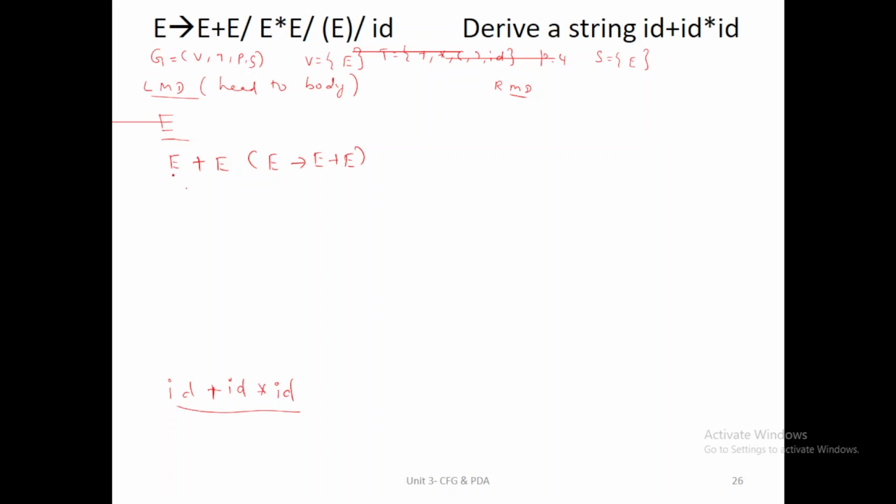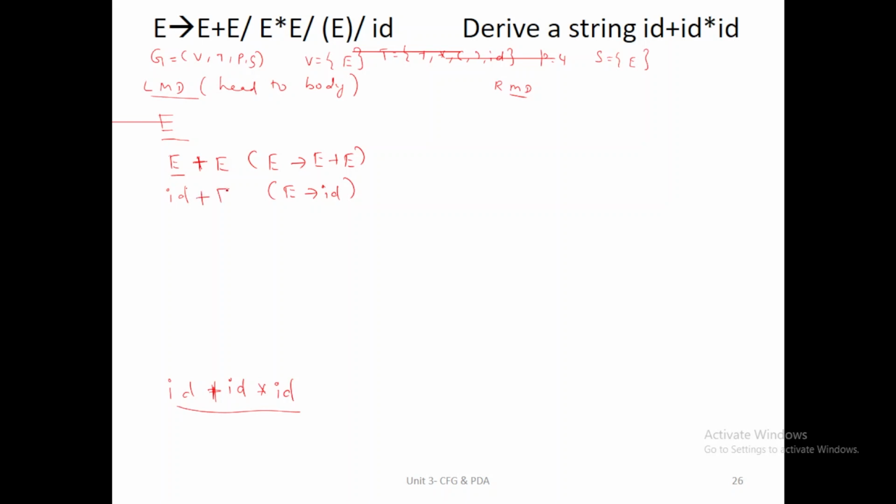I want to substitute from the left side onwards, so I take the first capital E. After E, the immediate symbol is plus. So on the left side of plus there is only one terminal symbol, so this E can be replaced with the fourth production, that is ID. So I write that production first: E will be replaced as ID.